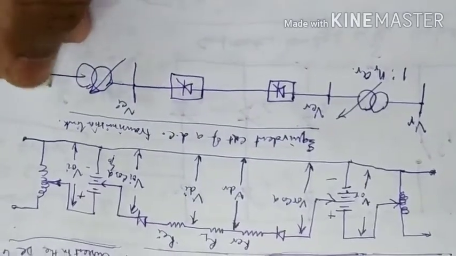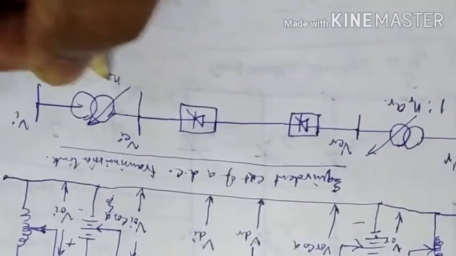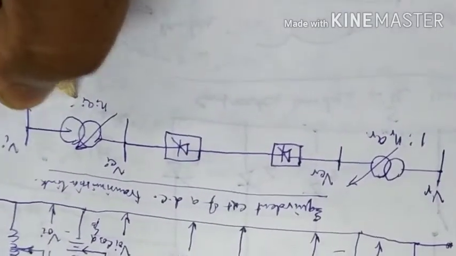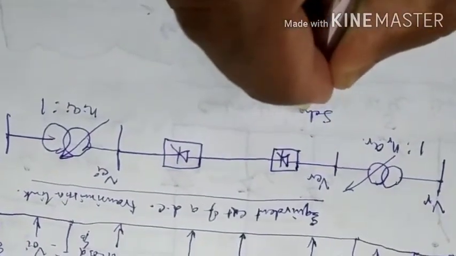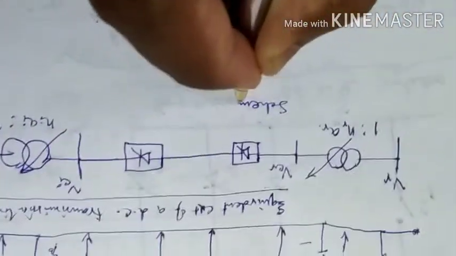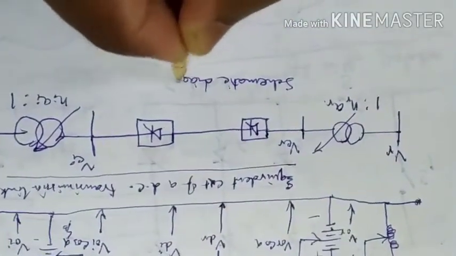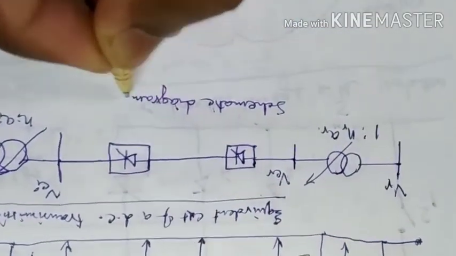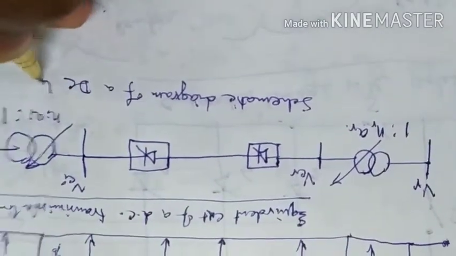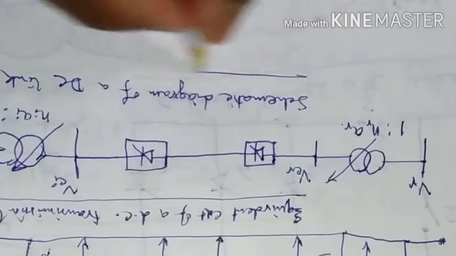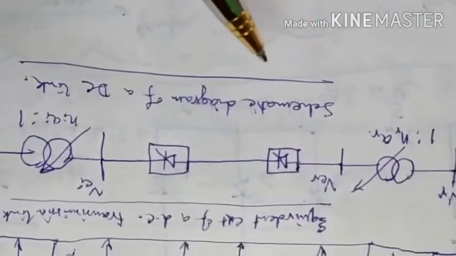Variable transformer, then VI, that ratio is AI is to 1. That is the schematic diagram of a DC link.